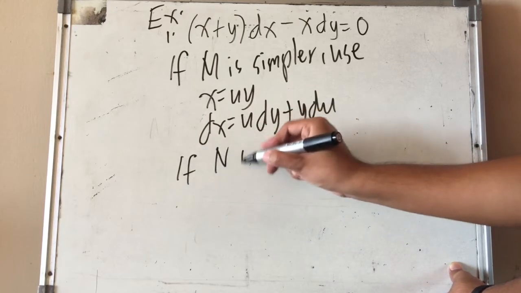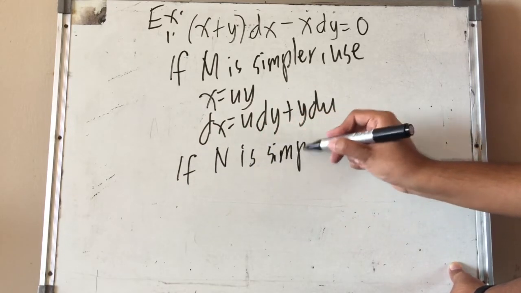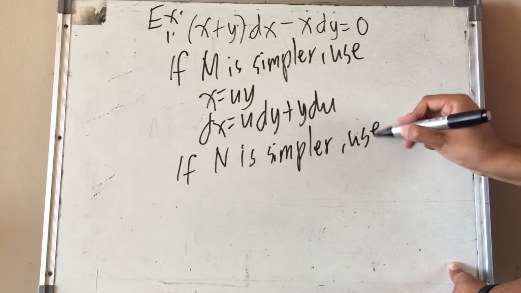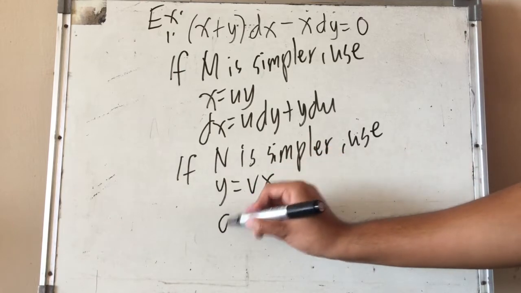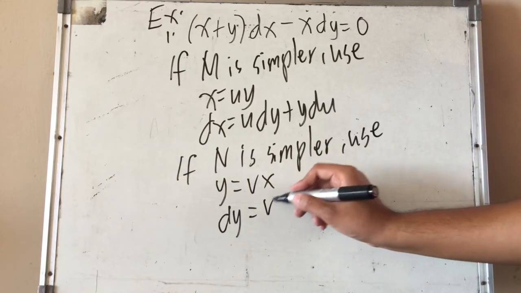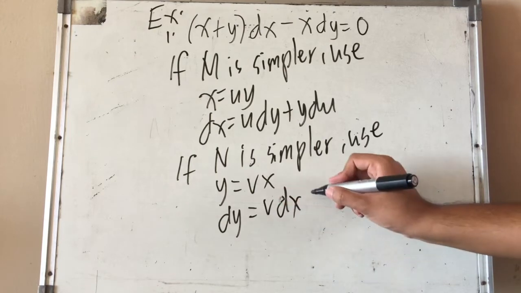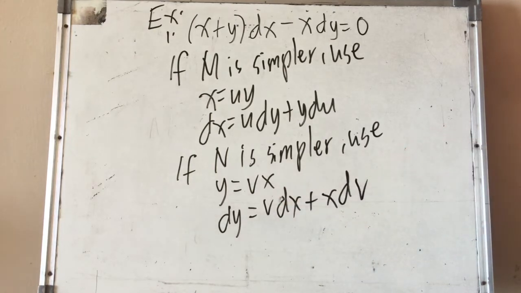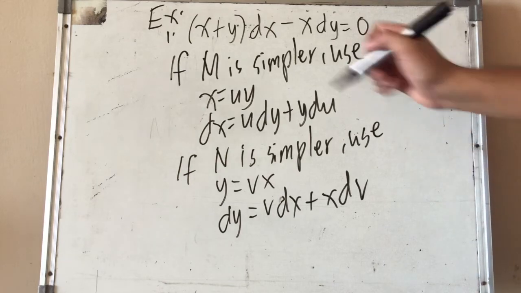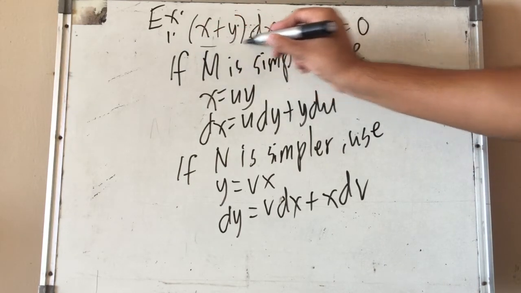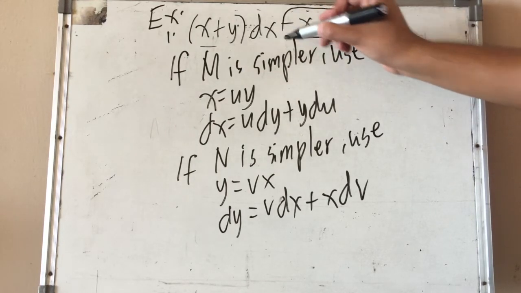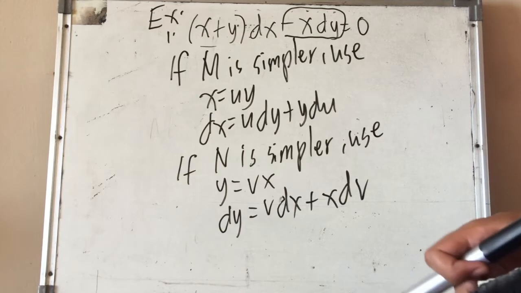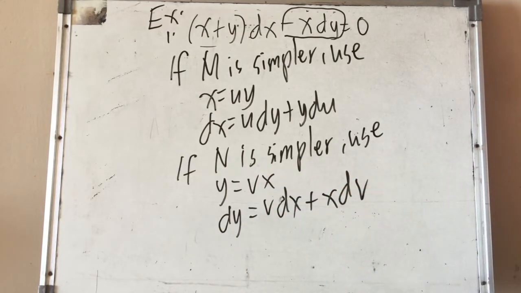If M is simpler, use y equals vx, dy equals v dx plus x dv. So from our equation number 1, N is simpler. So we use y equals vx, dy equals v dx plus x dv.